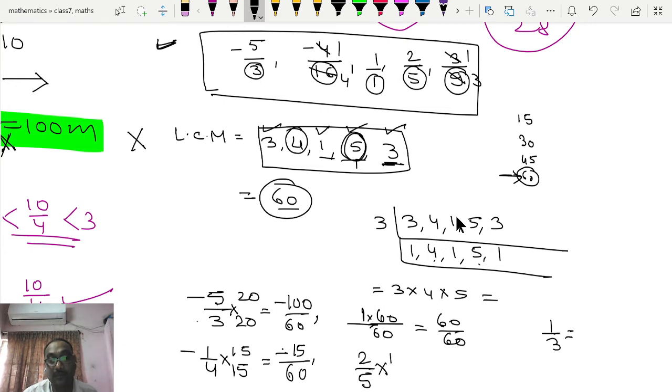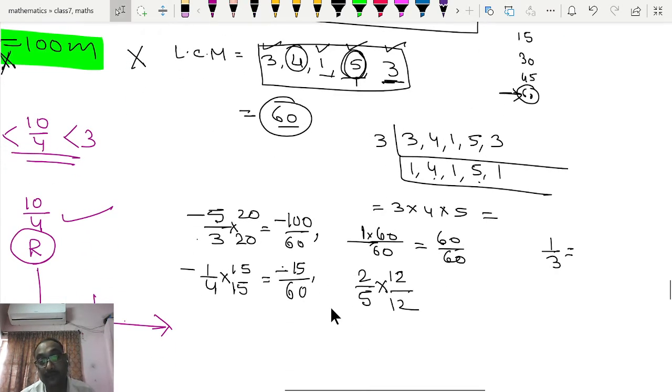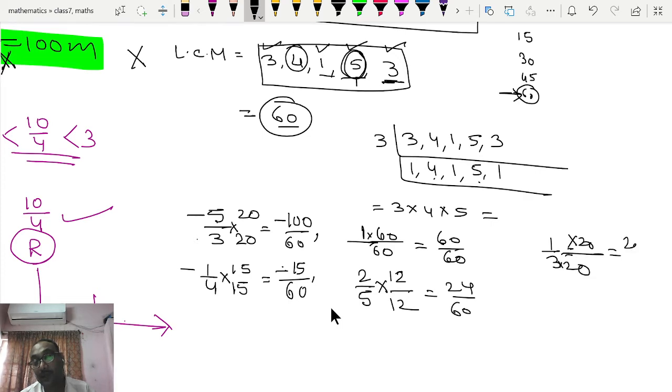Fourth, we will multiply it by 12 by 12, because 12 fives are 60. The result will be 24 by 60, and this will be multiplied by 20 by 20. When you multiply it, you will get 20 by 60.